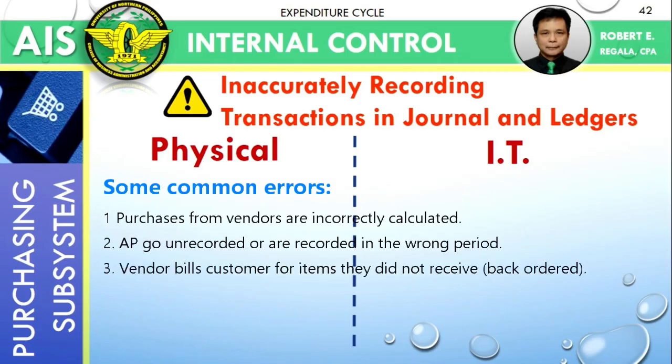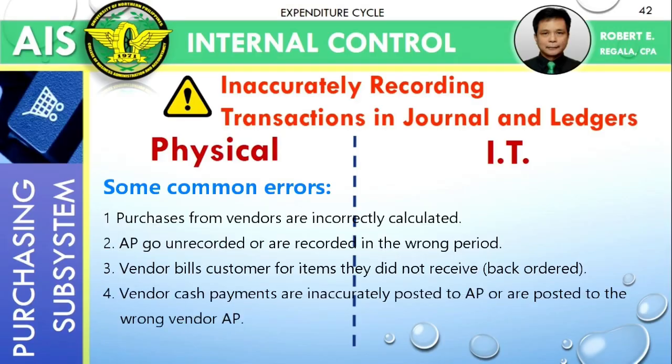Vendor bills customers for items they did not receive, or that were back ordered. 4. Vendor cash payments are inaccurately posted to accounts payable or are posted to the wrong vendor accounts payable. 5. Summaries of purchases, accounts payable, cash disbursements, and inventory levels are incorrectly posted to their respective general ledger accounts.